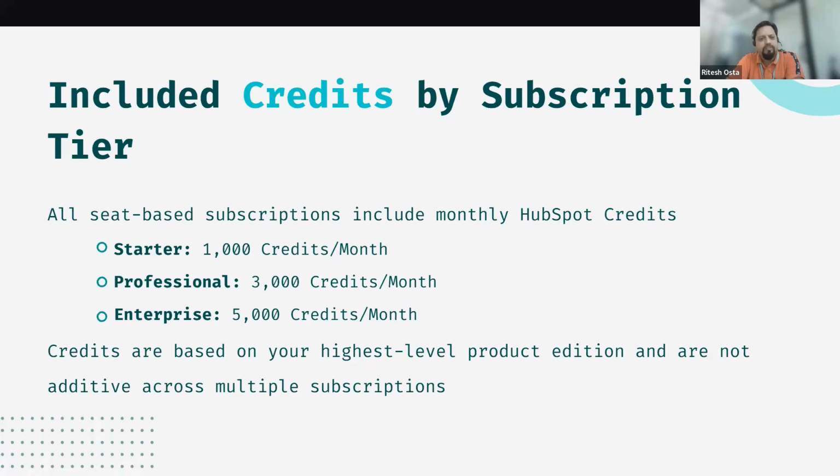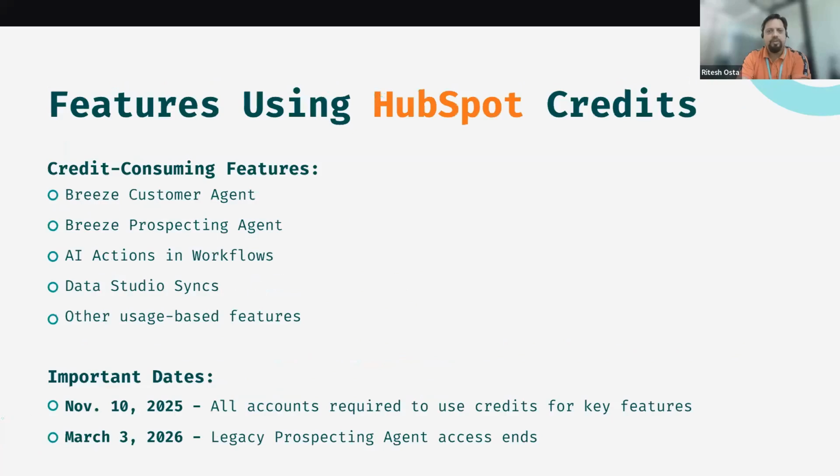Okay, so for example, if you have a Sales Hub Professional and a Marketing Hub Starter, then you'll get 3,000 credits a month, right? So whichever is the highest level product edition, you'll get credits accordingly. Okay. So yeah, this is all about what HubSpot Credit is, and how you can get some free credits according to the package that you take.